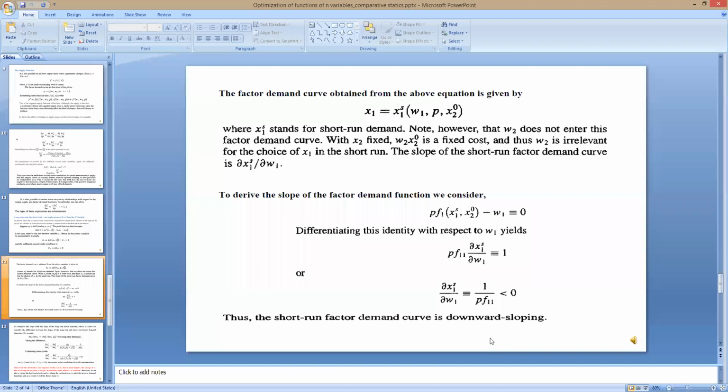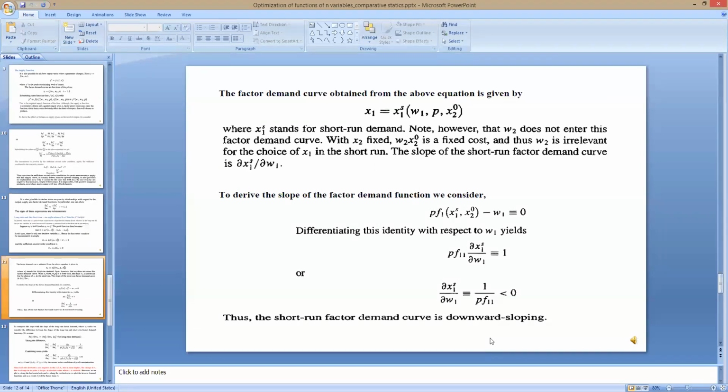So if we write the value function for the short run, we can write x1 is equal to x1 s for short run. That will be a function of w1, p, and x2 naught. So instead of w2, x2 naught is coming in the analysis. Remember, instead of w2, x2 naught is coming in the analysis when we are talking about the optimum input demand for x1.